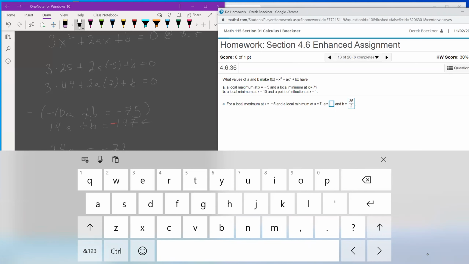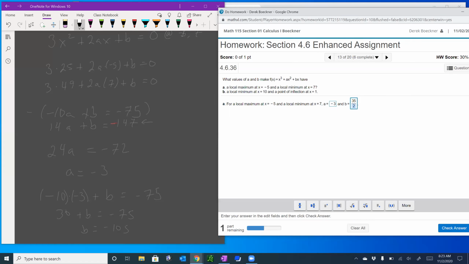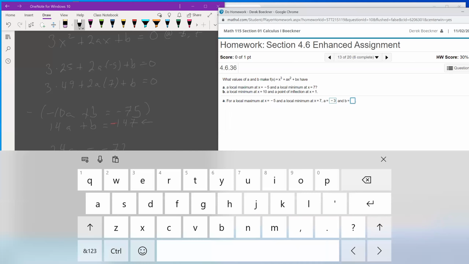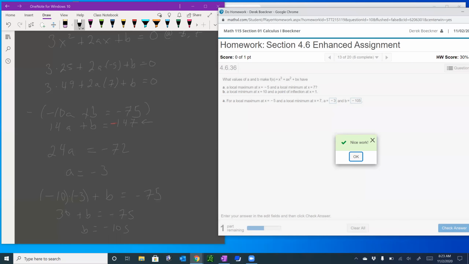A was minus 3, B minus 105. Check that. Okay.